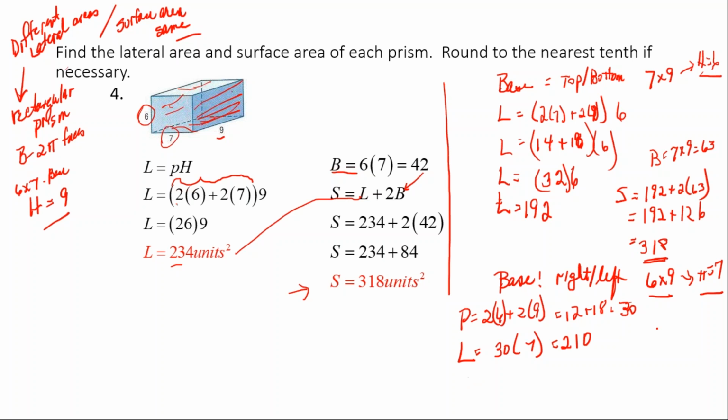My surface area, well, my base now is 6 times 9, which is 54, because I'm doing the area of the rectangle I'm referring to. So surface area equals 210 plus 2 times 54, which is 210 plus 108, 318.